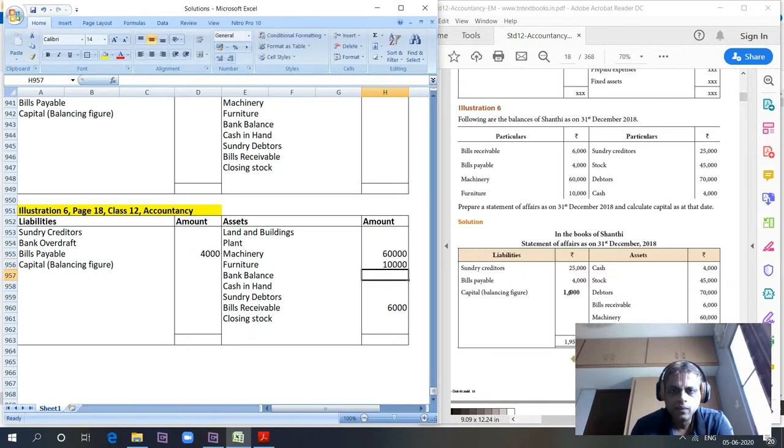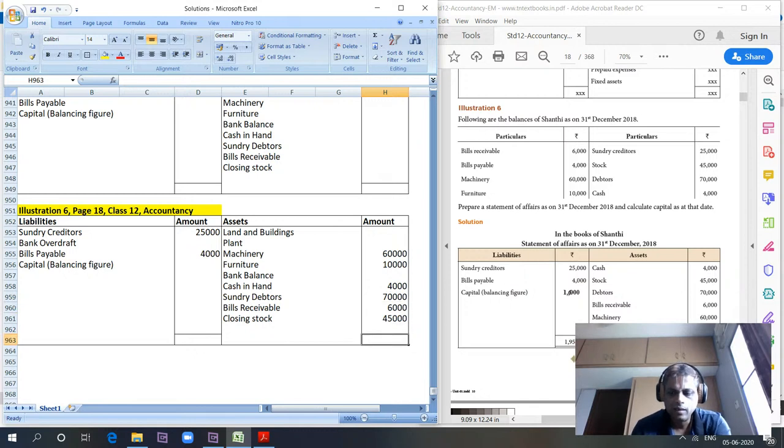And sundry creditors 25,000. Then we have stock 45,000. Then we have debtors 70,000. And we have cash 4,000. Calculate the capital.